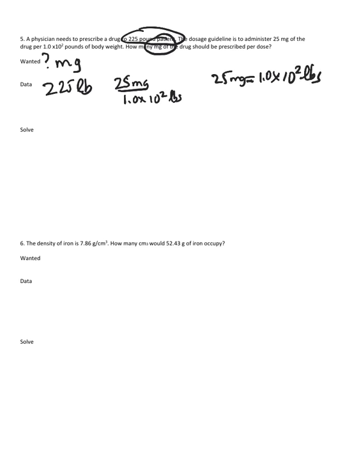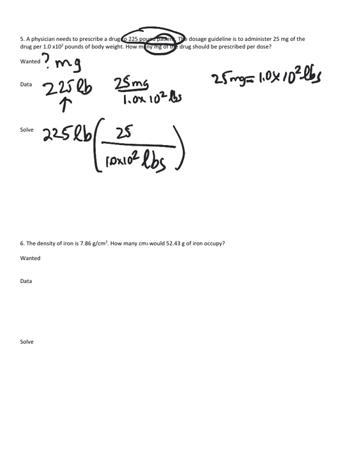That 25 milligrams is equal to 1.0 times 10 to the second pounds. Our 225 pounds is the standalone number. We'll make that our starting point. We'll set up our equivalency to cancel out pounds. And that 1.0 times 10 to the second pounds is the same as 25 milligrams of drug.